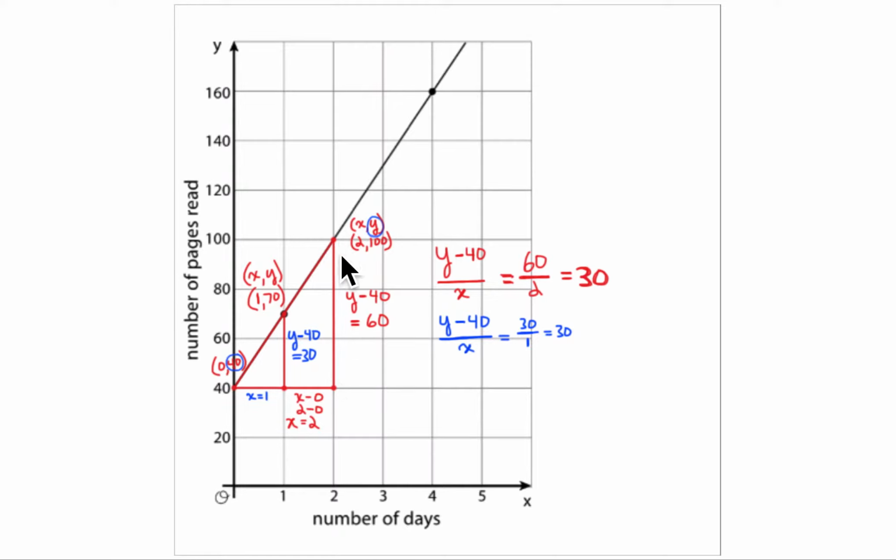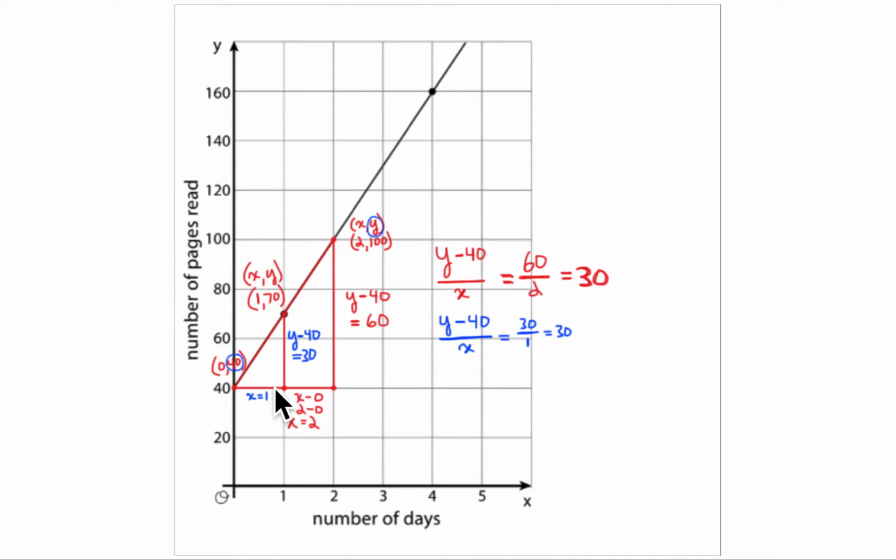So she read 60 pages in 2 days. So the x value is 2 minus 0, since she's right at 0 in the beginning. So after 2 days, she's read 60 pages. So how many pages is that per day? That's 30 pages per day, which is the slope.